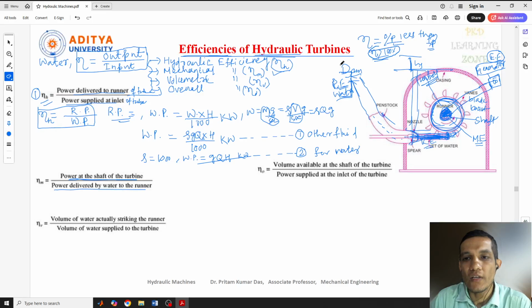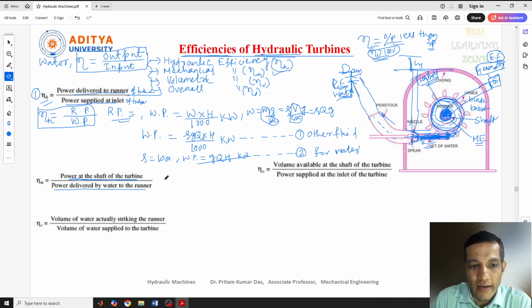So here, how much power was delivered to this runner? See, water is striking here. After striking, it is shifting to the runner. From this runner to this shaft, some losses will be there. That is called mechanical loss. Due to this mechanical loss, the ratio of power available at the shaft to the power delivered by water to the runner is called mechanical efficiency.